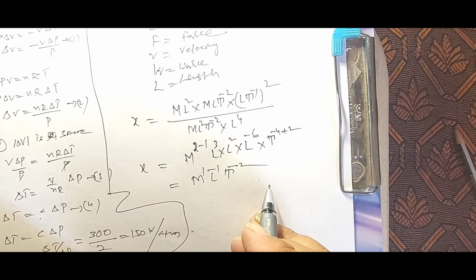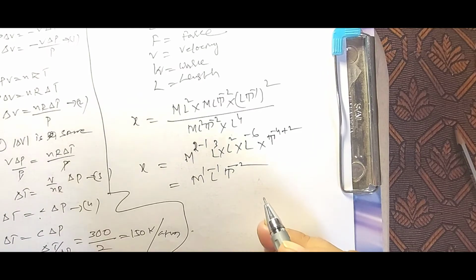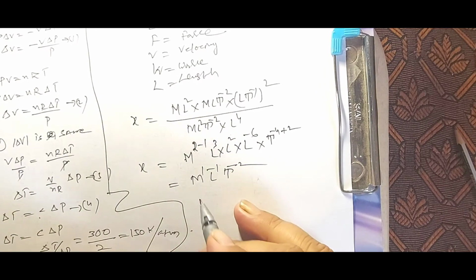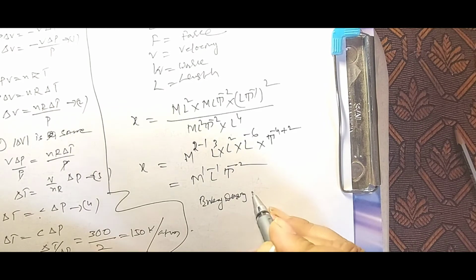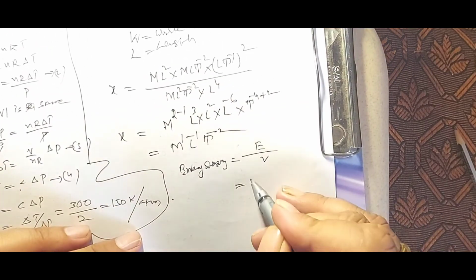So this is similar to energy density, energy per unit volume. We know that energy density is equal to energy by volume. What is the dimension formula for energy?